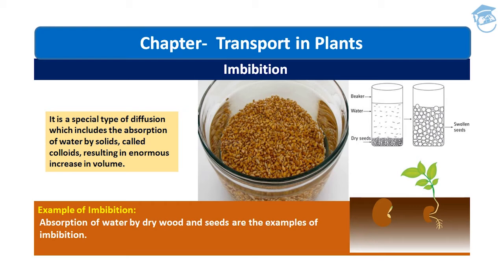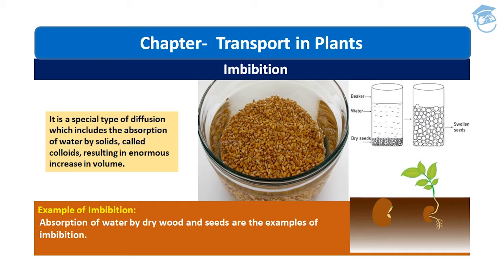So imbibition is a special type of diffusion when water is absorbed by a solid, that is a colloid, causing them to enormously increase in volume. The classical examples of imbibition are absorption of water by seeds. When you immerse seeds in water, then they imbibe. Or when you place dry wood inside water, then it shows imbibition.